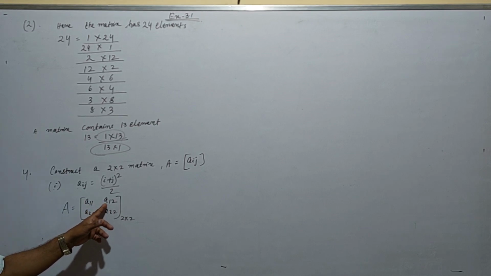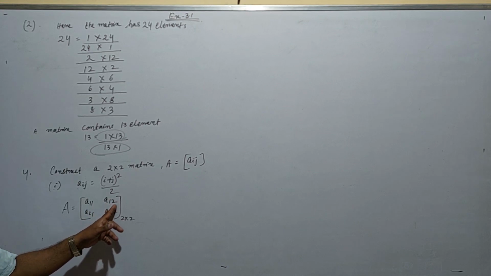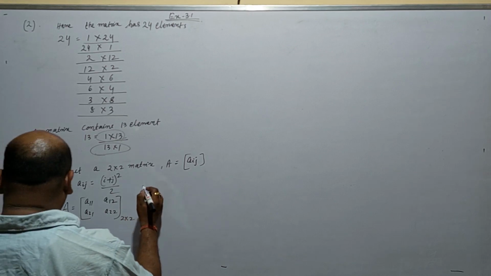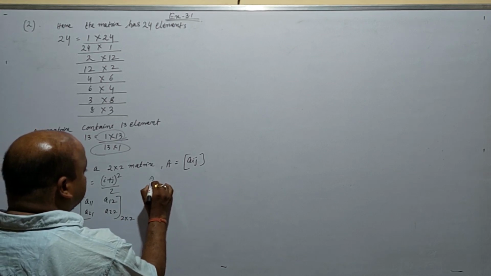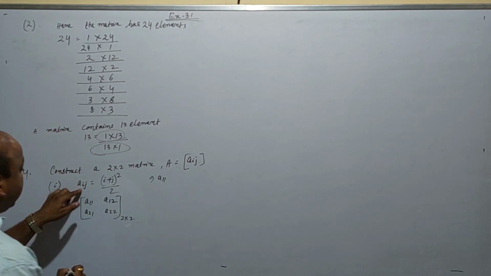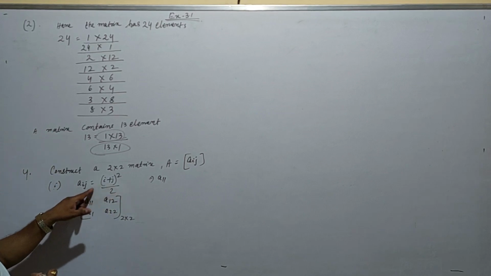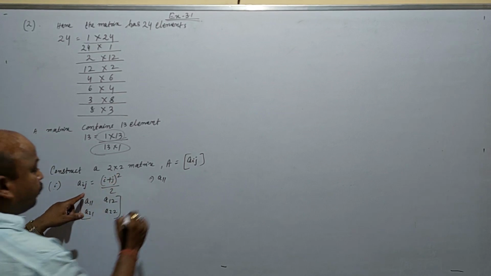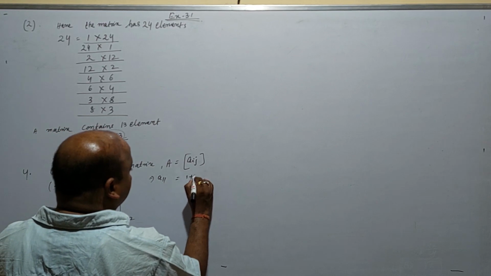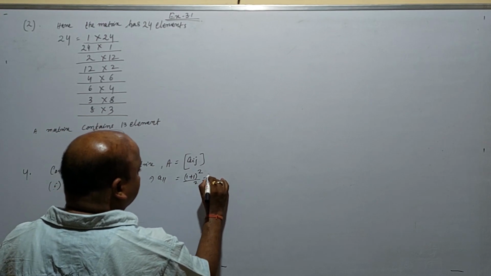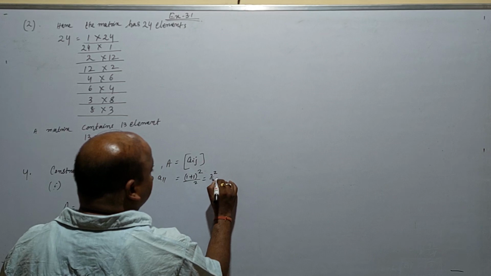Similarly, for the element A12, i is equal to 1 and j is equal to 2. Very simple one to solve. The general form of Aij is equal to (i plus j) whole square by 2. So you put the values here: (1 plus 1) whole square by 2, that is equal to 2 square by 2, equal to 4 by 2.